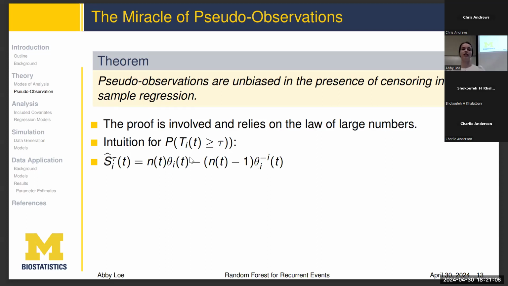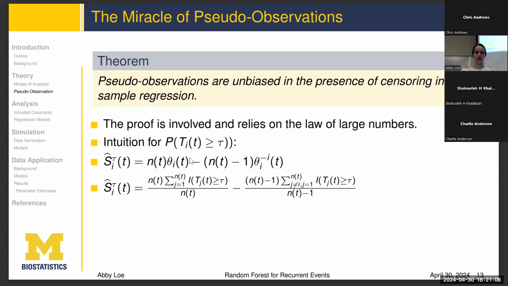So we're going to fill in what this theta I of t is. And if we don't have censoring, this is just a rough intuition of why this works. Our Kaplan-Meier estimate is just the proportion of people who survive greater than tau, divided by the number of people at risk.